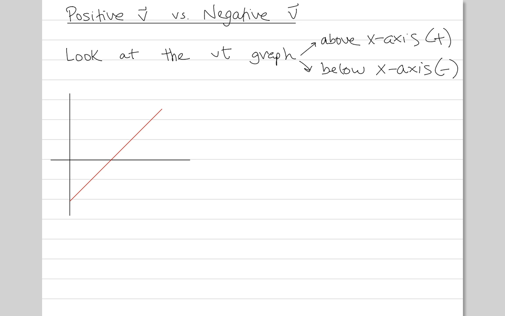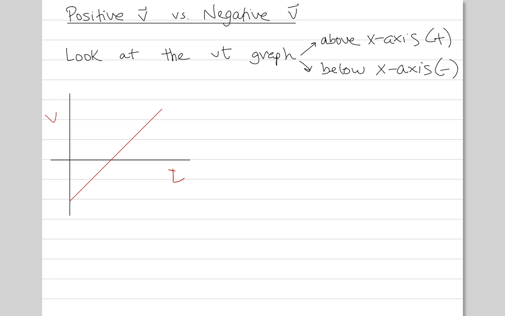Everybody caught up with me? Okay, so this is a VT graph drawn symmetric. You have the positives on top and the negatives on the bottom. So this is V, and this is T.